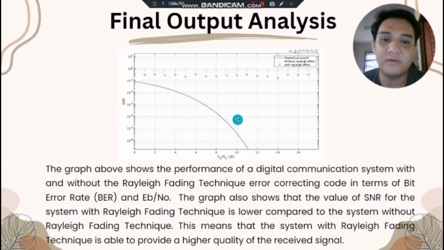The graph also shows that the value of SNR for the system with Rayleigh fading technique is lower compared to the system without it. This means that the system with Rayleigh fading technique is able to provide a higher quality of the received signal.